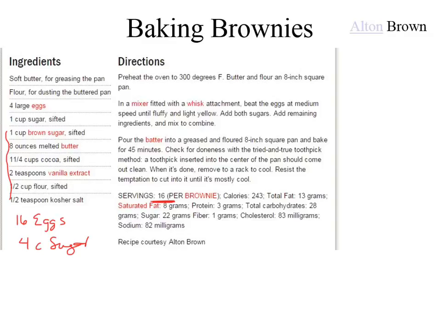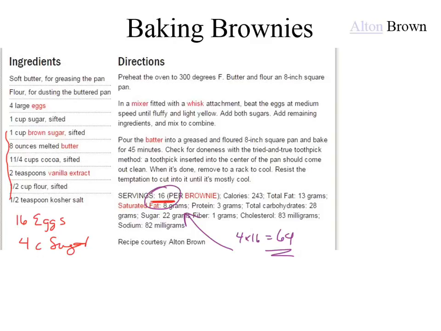So here's how this works then. You guys told me I'm going to make 4 batches. By the way, what's 4 times 16? It is 64. Thank you. So make 64 brownies. Well, here, it looks like this.